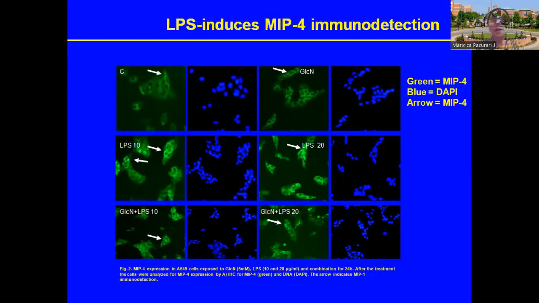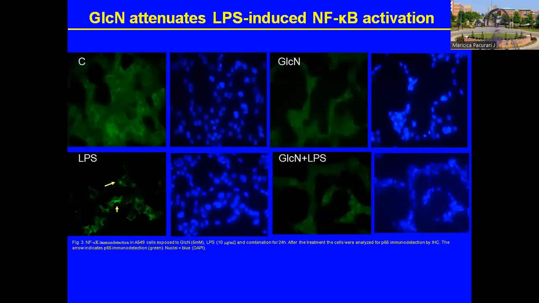Immunodetection study indicates that we tested two doses, 10 and 20, of LPS, and we find that the difference between control and glucosamine was insignificant, while LPS at 10 and 20 increased immunodetection, while glucosamine at both doses attenuated the immunodetection of MIP4.